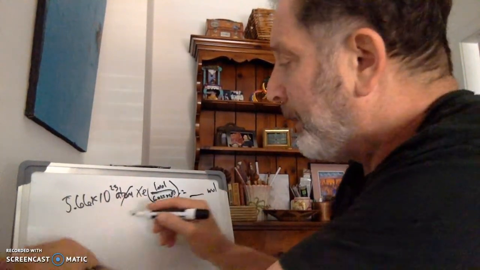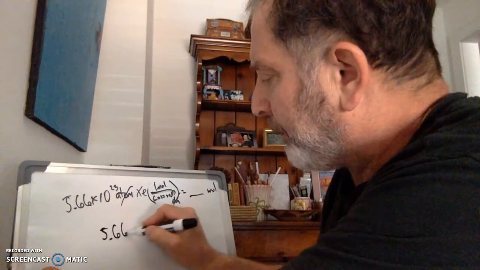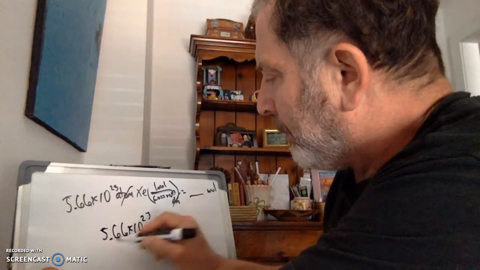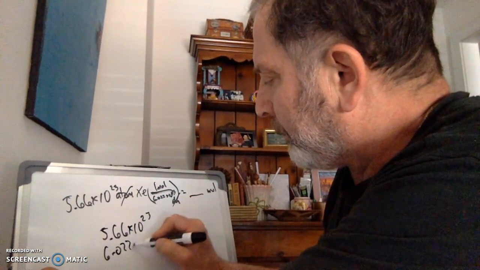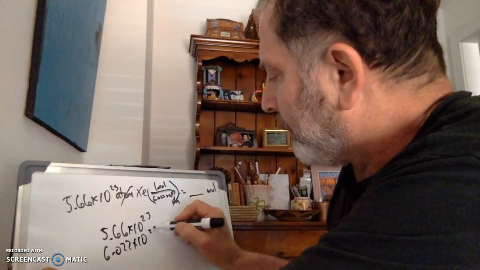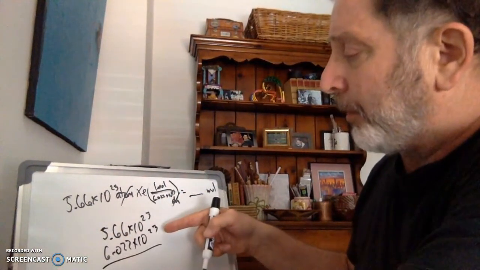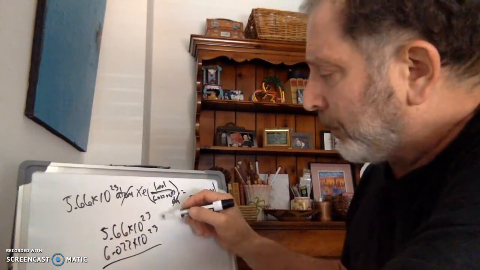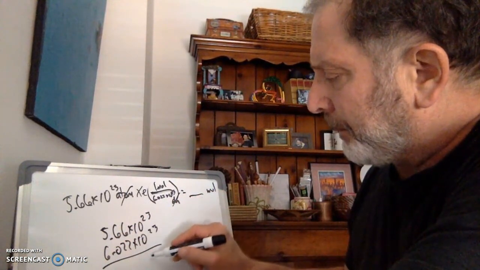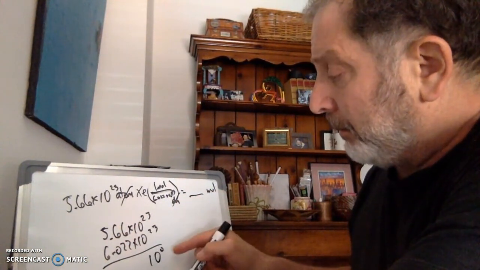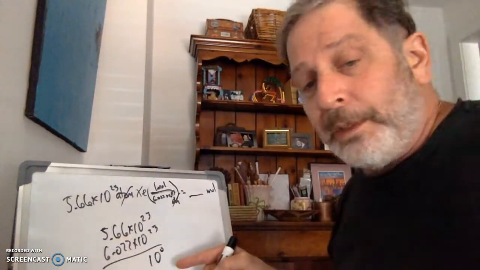It will. So how do we do division? We subtract exponents and we divide just like before. So what's 23 minus 23? Isn't that 0? Which is the same as 1.